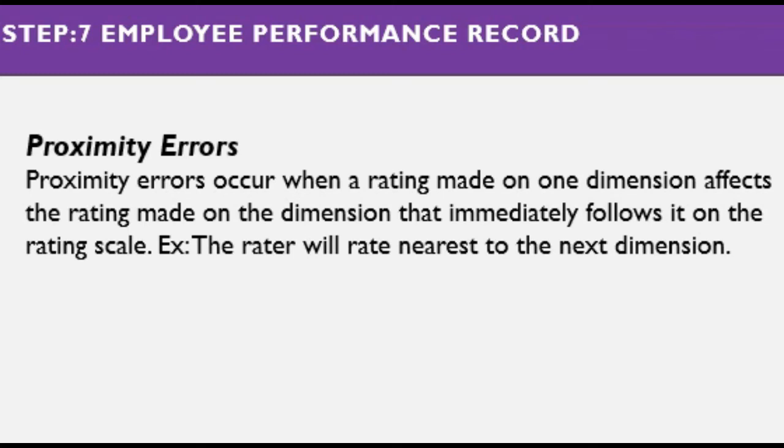After ng strength, there is a cognitive. I-rate mo siya depending on the knowledge na meron si employee. Since magkasunod si strength at saka itong si cognitive, maaaring mabigyan mo na din siya ng 5. Or in layman's terms, ginunshot mo na siya, yung pag-rate mo ng performance evaluation, kasi magkakalapit yung mga dimension nila.